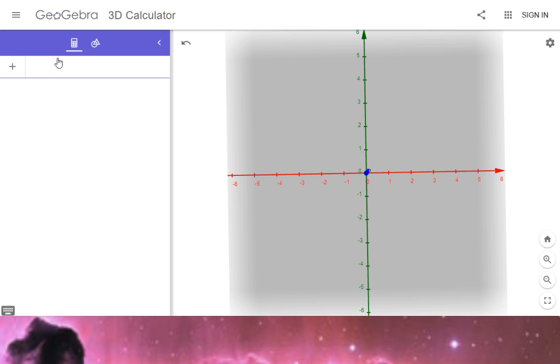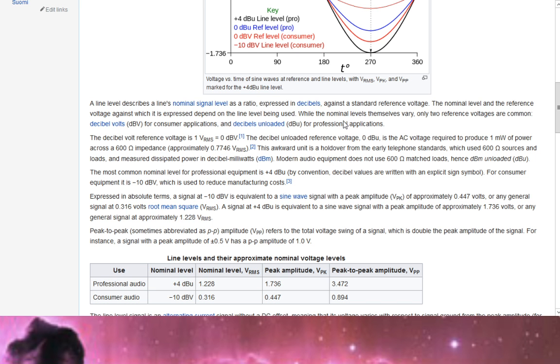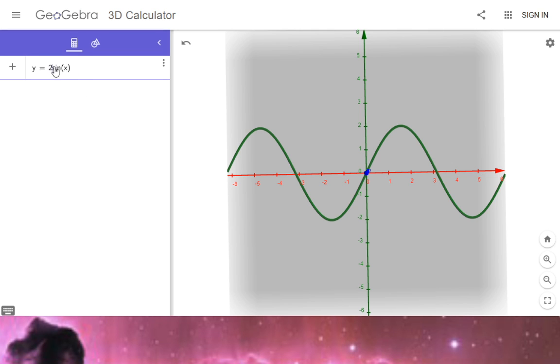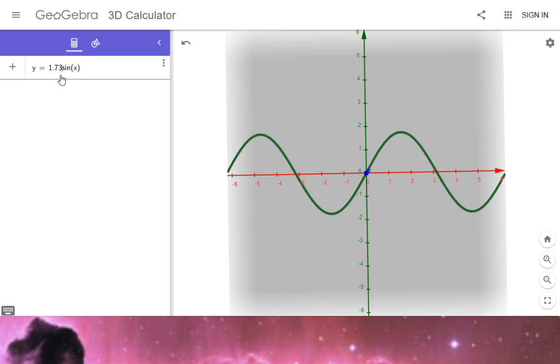Well, let me just go ahead and let's try to make this simpler. Anyway, you can relate voltages to dBs. There's a formula for it. Alright, so there's your sine wave. So if the max line level input is 1.736, then we would want to put down 1.736.